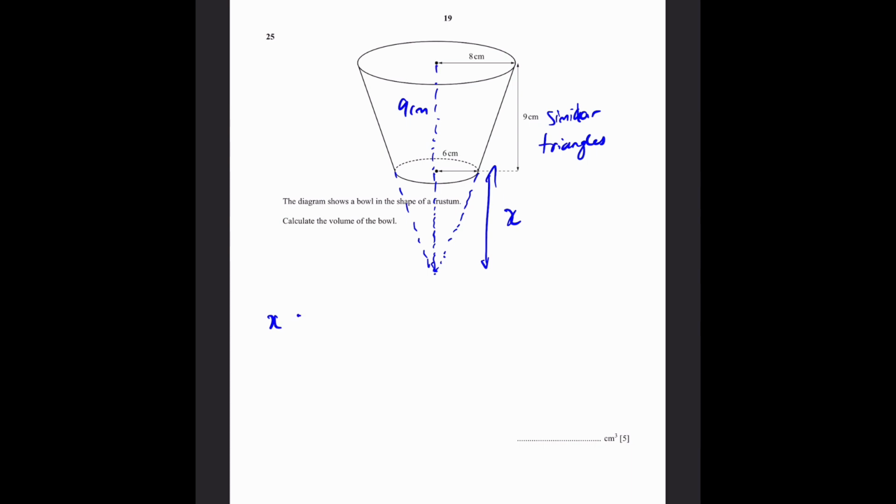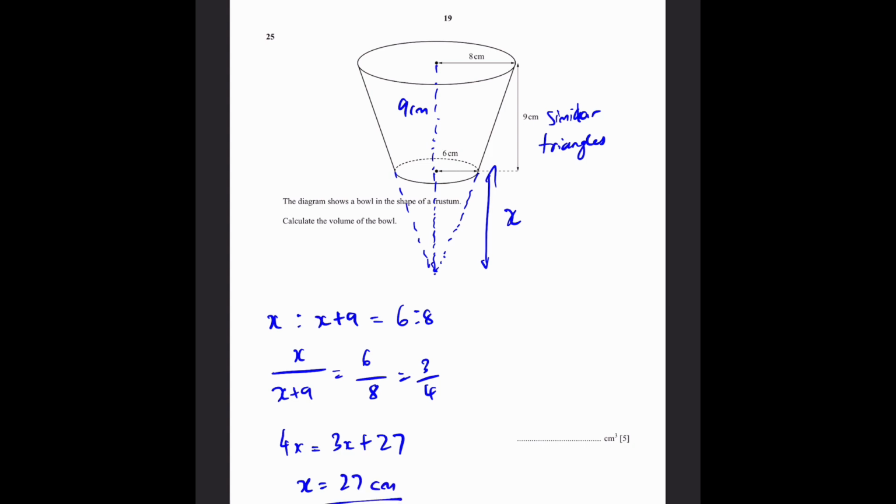Now x is to x plus 9, the ratio of the small height to the larger height, is equal to the ratio between the small radius and large radius, which is 6 is to 8. Converting to fractions, x by x plus 9 equals 6 by 8, which is 3 by 4. Cross multiplying, 4x equals 3x plus 27. Therefore, x equals 27 centimeters.